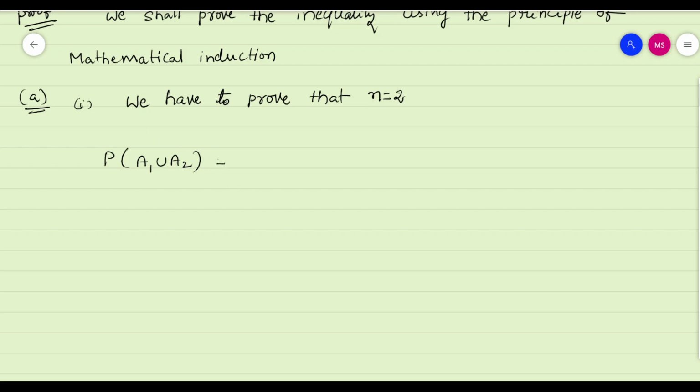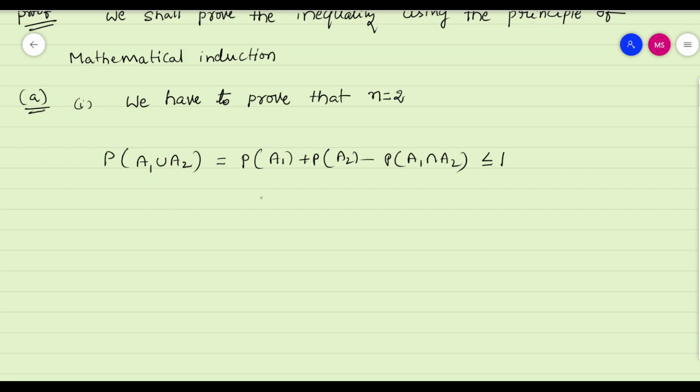P of A1 union A2 is equal to P of A1 plus P of A2 minus P of A1 intersection A2. It's very simple. This is the addition theorem formula for 2 events. P of A1 union A2 is always less than or equal to 1, since a probability value is always less than or equal to 1.